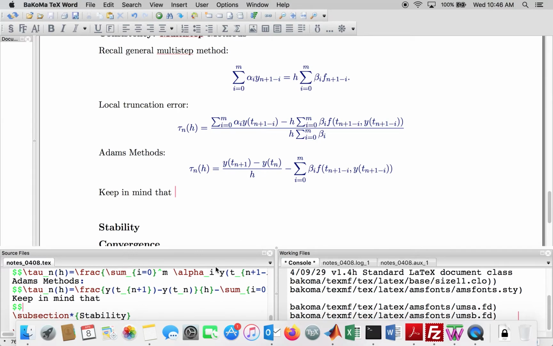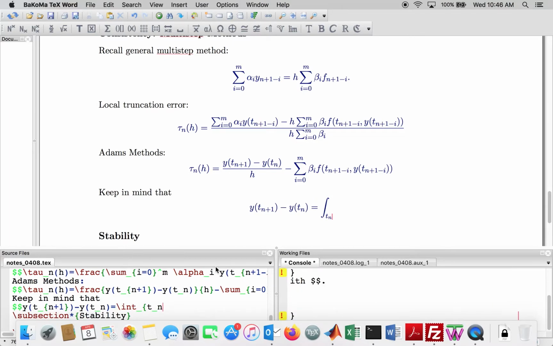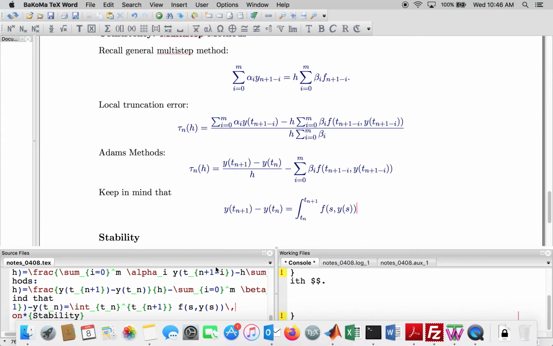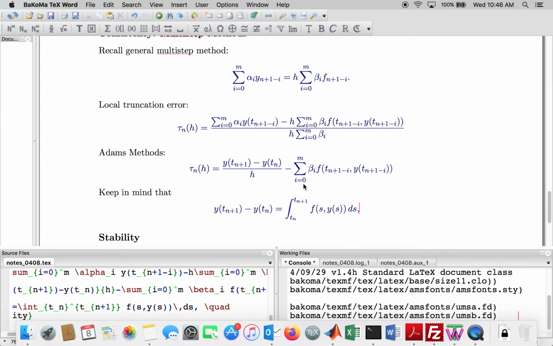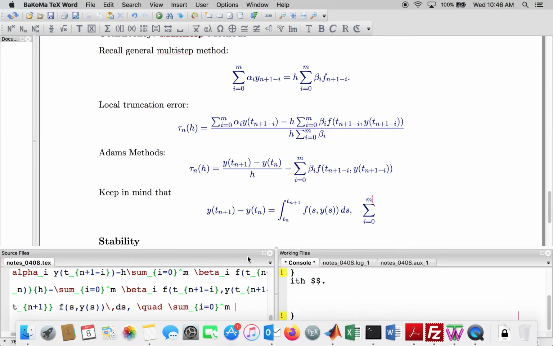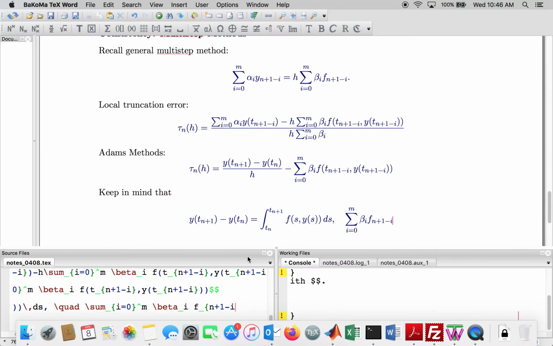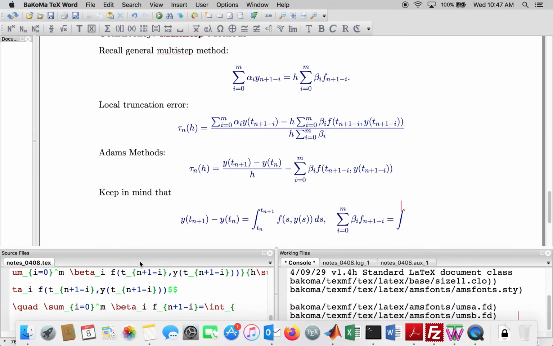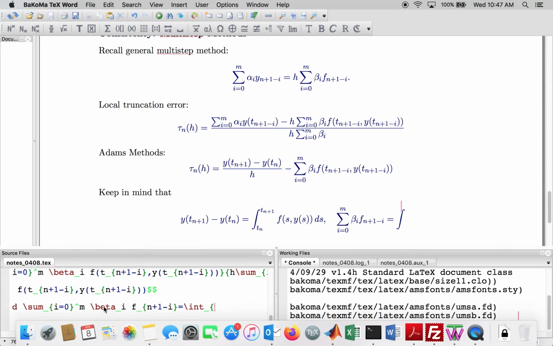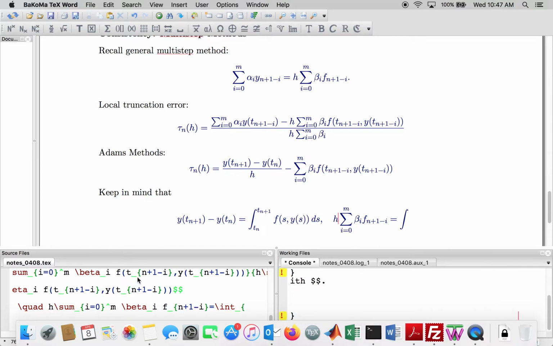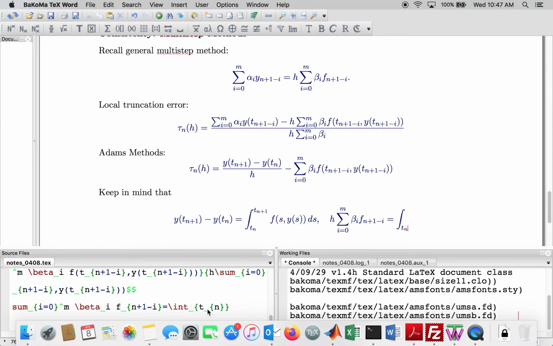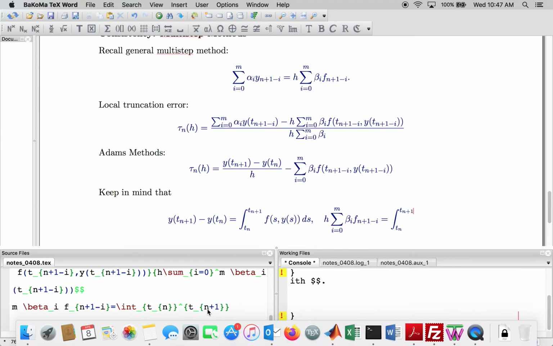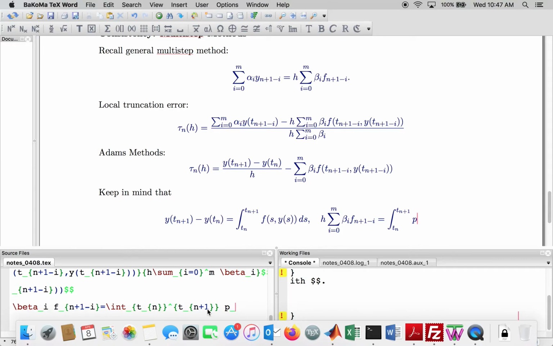That we have y of t n plus 1 minus y of t n can be written as an integral from tn to tn plus 1 of f of s, y of s ds, and the f part right here, so the sum over m of beta i f n plus 1 minus i, that is equal to also an integral of, okay, here I should have h, so this is tn to, also same limits, tn to tn plus 1 of p, m for an explicit method.